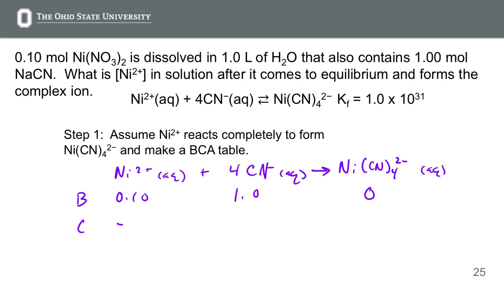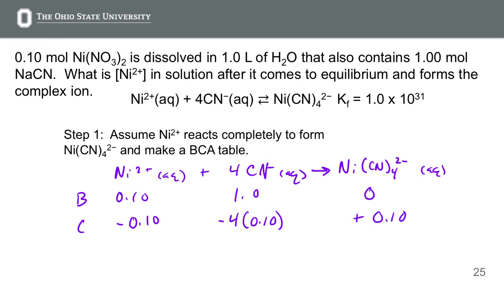Which one of these is the limiting reagent? That's how we decide what we subtract, right? So it's the nickel, it's a smaller concentration. And also, we need to take into account the stoichiometry. This is minus 0.1, minus 4 times 0.1, and then plus 0.1.